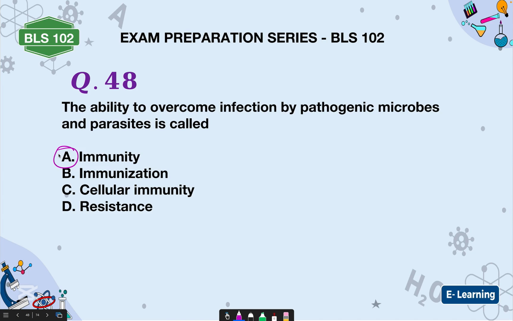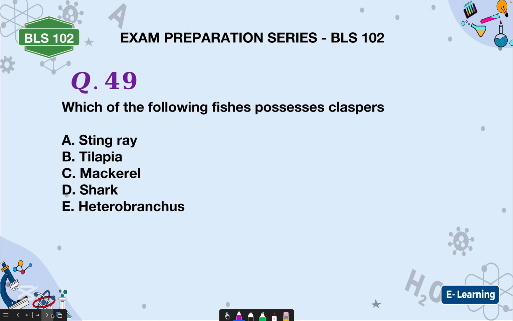That process is called immunity. Please read immunization or immunity. The different types of immunity: passive immunity, active immunity, and so on and so forth. You are going to see some questions from there. All right. Read immunity very well.